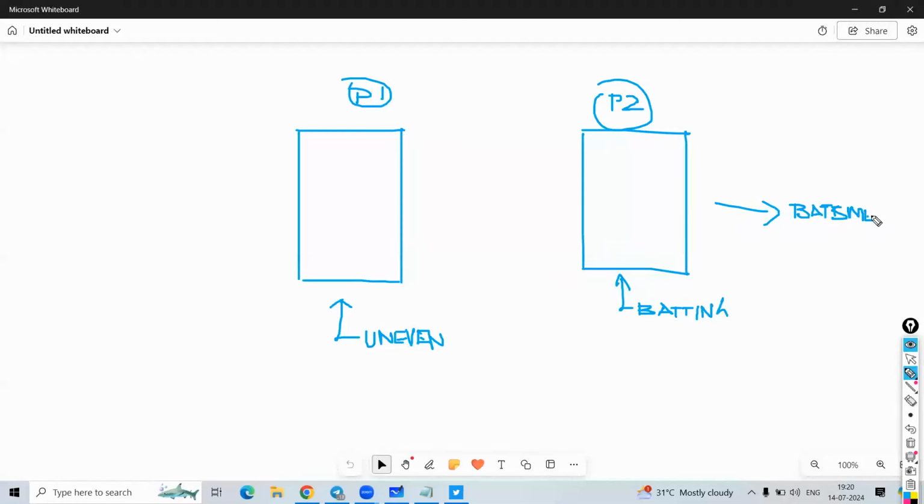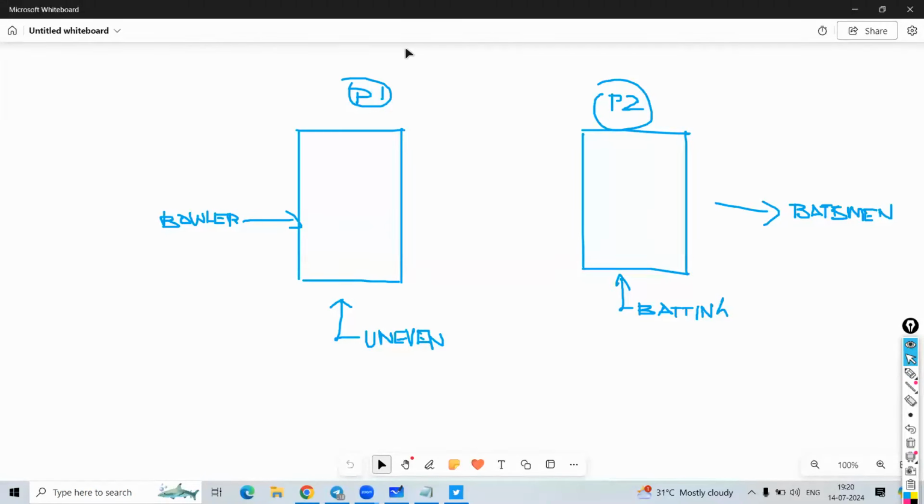This pitch is more favorable for batsmen. Uneven is more favorable for bowlers, right? They can get uneven bounce, uneven big turn. It will be difficult for the batsman to play. Correct?